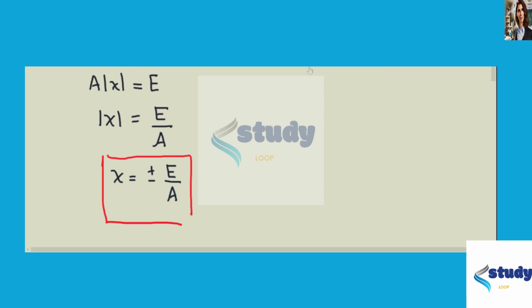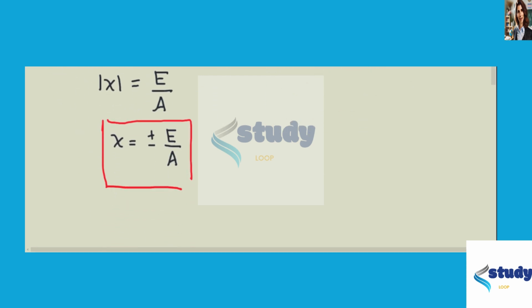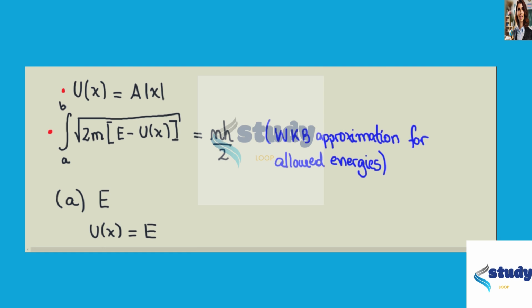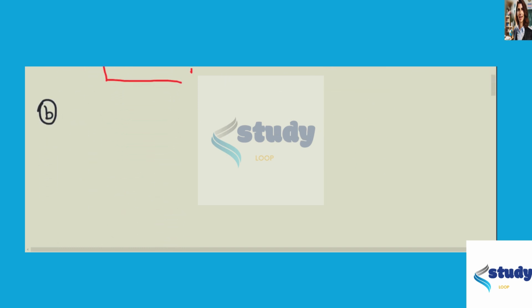In question B, we have to use the integral up here in order to find the allowed energies for the WKB approximation.